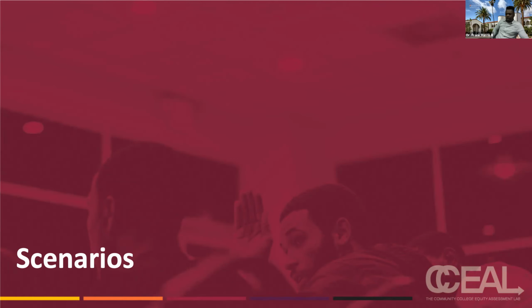Okay, I prepared 3 scenarios. Let's work through some of the scenarios, and then we'll have some time at the end for any more Q&A as it comes up. Here's what I'm going to ask you to do. I want you to identify the type of microaggression that you see present in each of these scenarios. Keep this in mind, however.